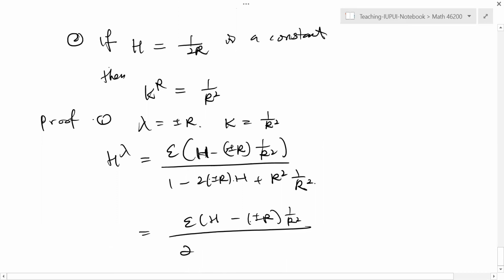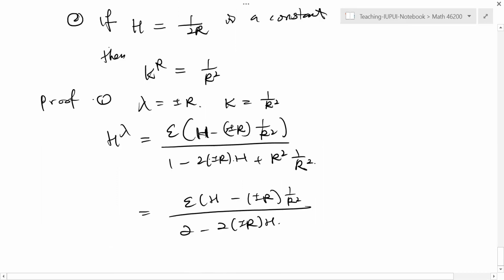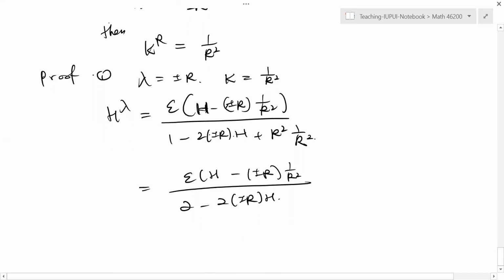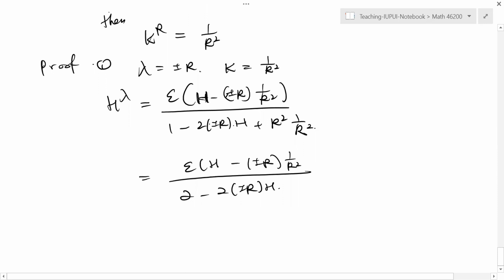I think we can simplify this. How can I do that? You simplify the above one.